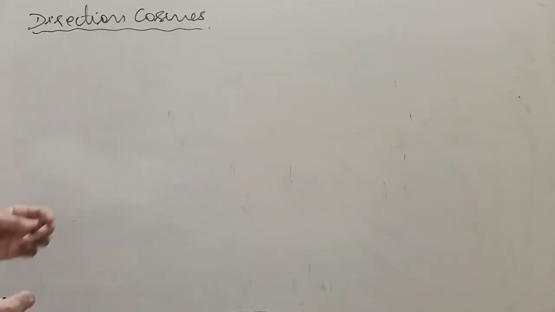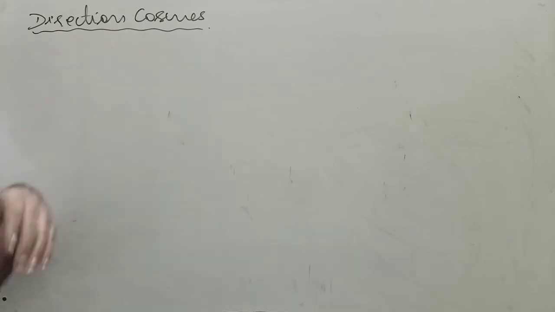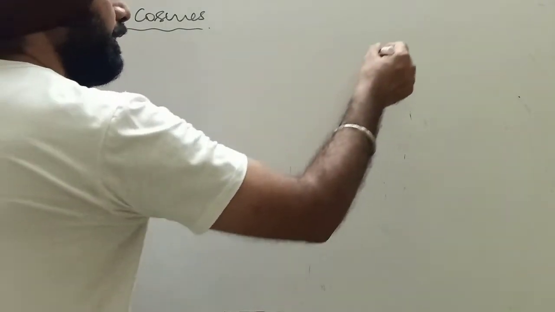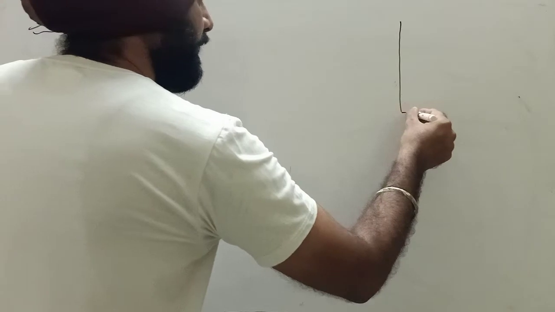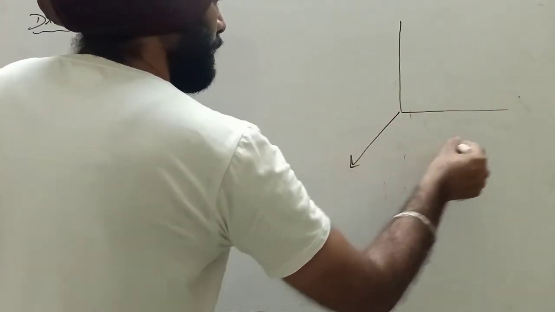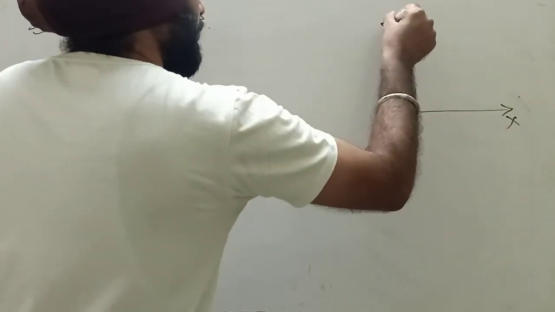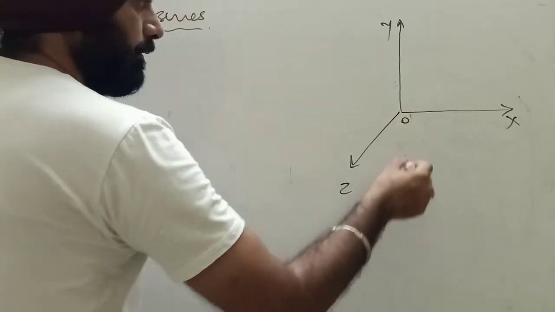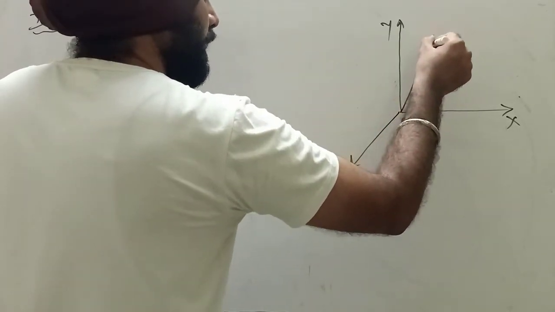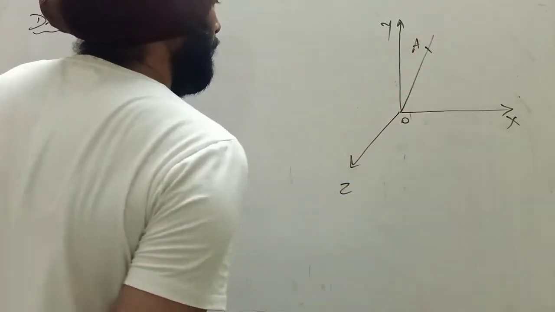Now there is a very important term in this chapter, that is direction cosines. So what is the meaning of direction cosines? First of all, let us take these three axes: x-axis, y-axis and z-axis, and let us take there is one vector, you can say the OA vector.